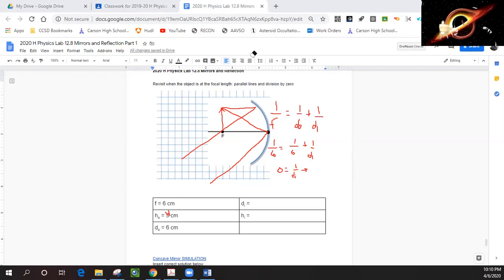This implies that DI is at infinity. If DI is infinity, 1 divided by infinity gives you 0. If you were to try to do 1 divided by 0, you can't divide by 0.